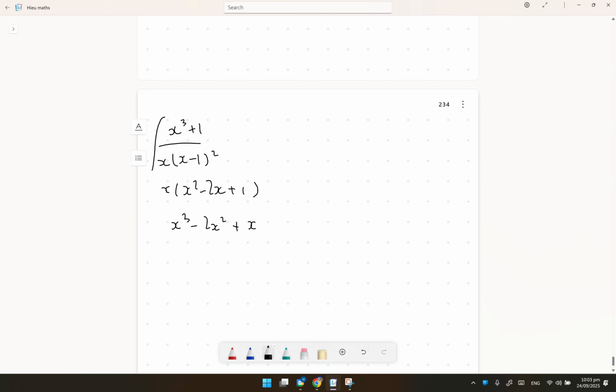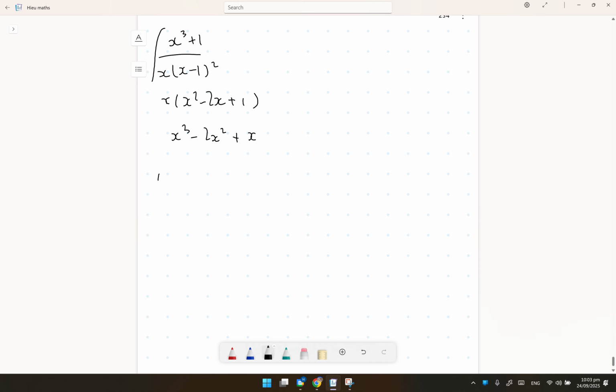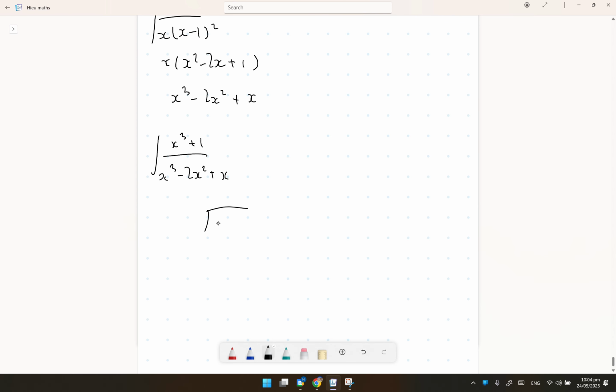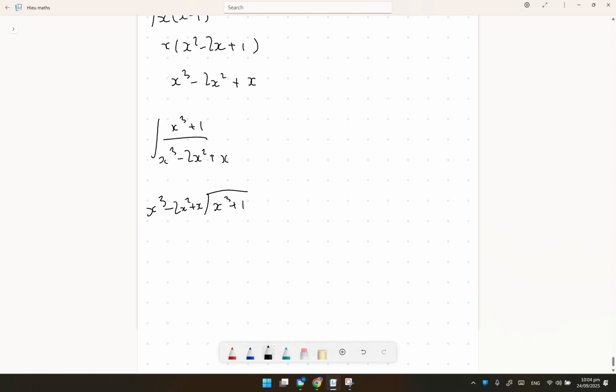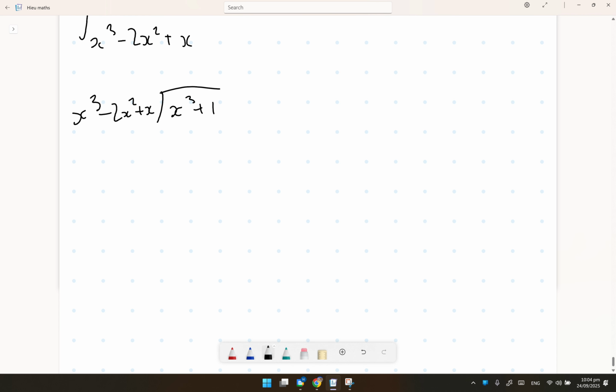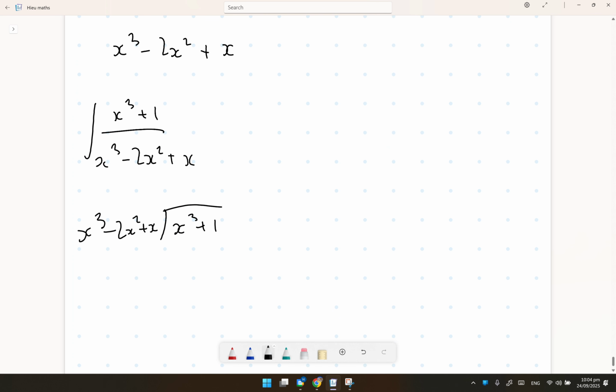Okay, so let's think about this then. We're trying to look at the integration of x cubed plus 1 over x cubed minus 2x squared plus x. So we can do long division, where it's x cubed plus 1 divided by x cubed minus 2x squared plus x. I'm going to do it out because I want to show you the idea, but I'm going to show you a shortcut later.